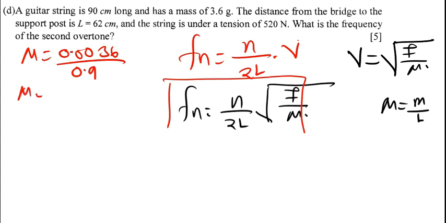So my linear density is going to be 0.0036 divided by 0.9. That is 0.004, now it's kg per meter.